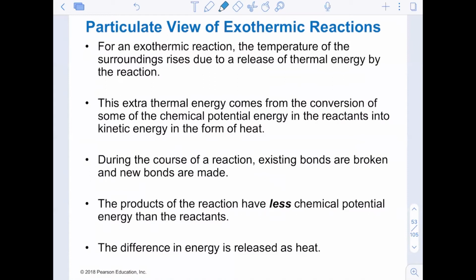So that could be bond breakings or bond forming, looking at the idea of movement, right? So during the course of a reaction, existing bonds are broken and new bonds are made. So for an exothermic reaction, the products have less chemical potential energy than the reactants. The difference in energy is released as heat.